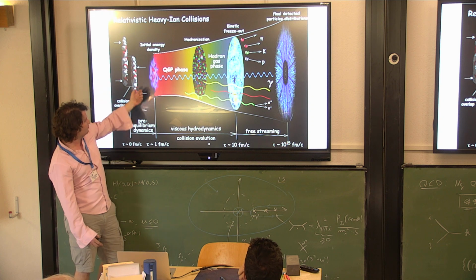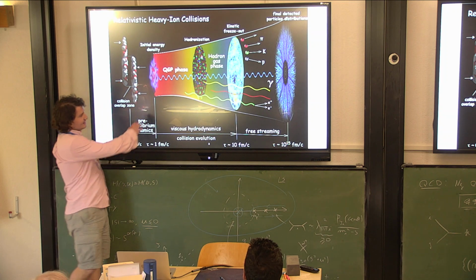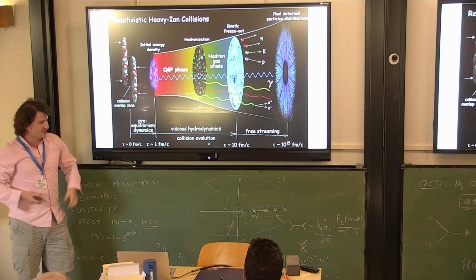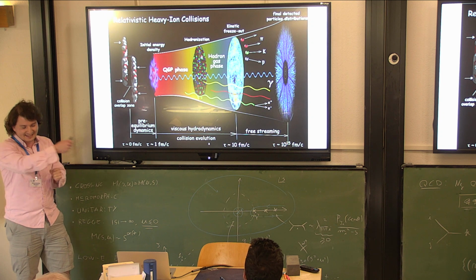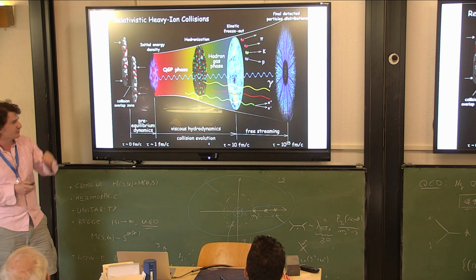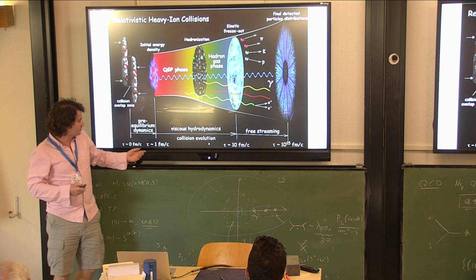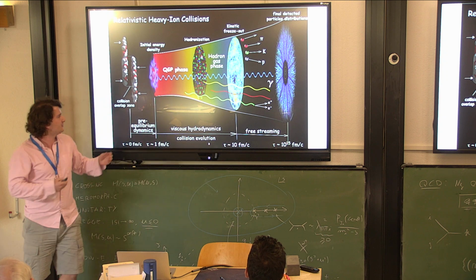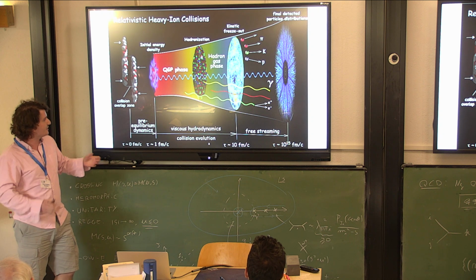They collide. They have a zone where they overlap. After that, there's some pre-equilibrium dynamics in which this system thermalizes, and then suddenly Quark-Gluon plasma appears. This collision, if it's at sufficiently high energy, lands at a temperature on the phase diagram that is above the crossover transition. And then after that, there's about 10 Fermi over c of time of basically hydrodynamic evolution of this plasma.